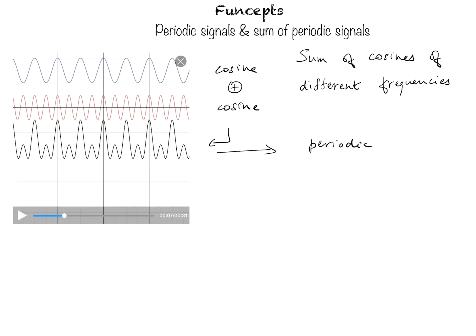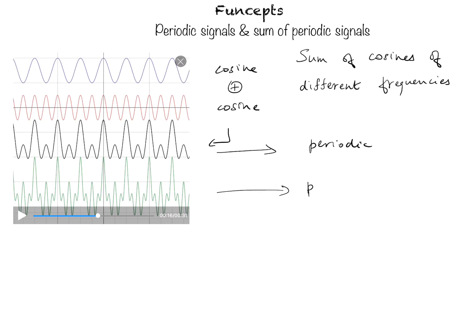And when we add a further component to this, we get another waveform. So this is also a periodic waveform when we add it. Again, the period of the green waveform and the black waveform is the same as the period of the purple waveform on top.